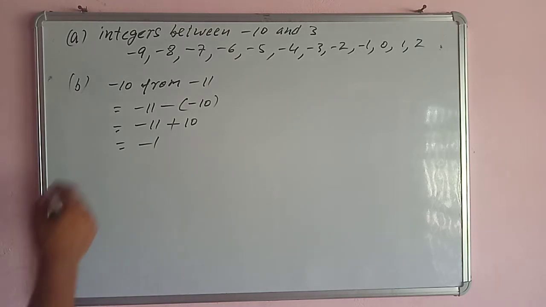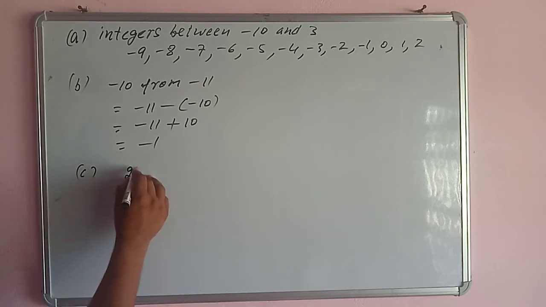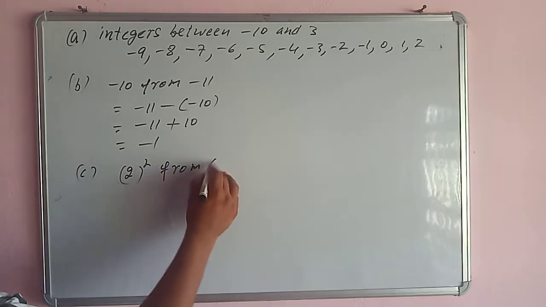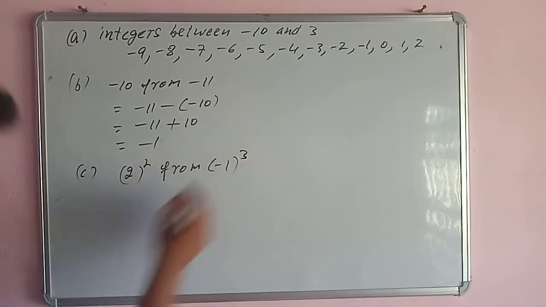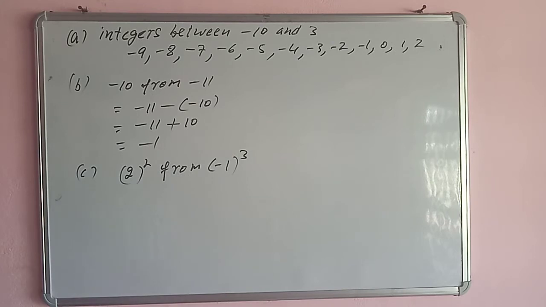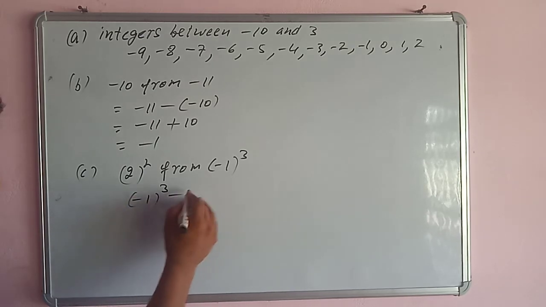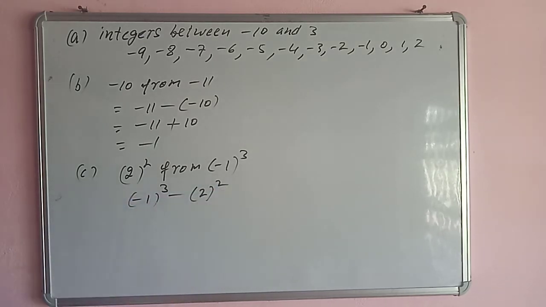And next, in the C part, we have the square of 2 subtracted from the cube of -1. First we will write -1 cube minus 2 square.